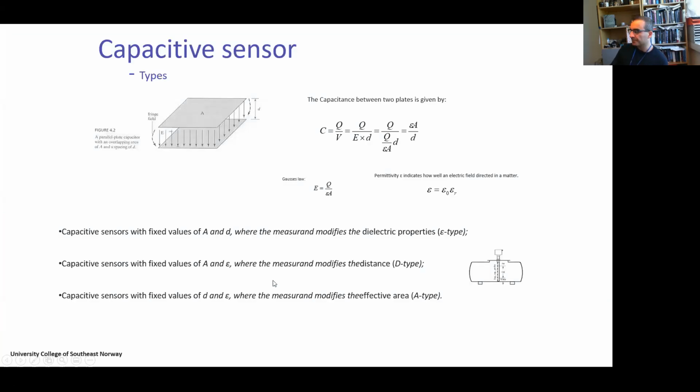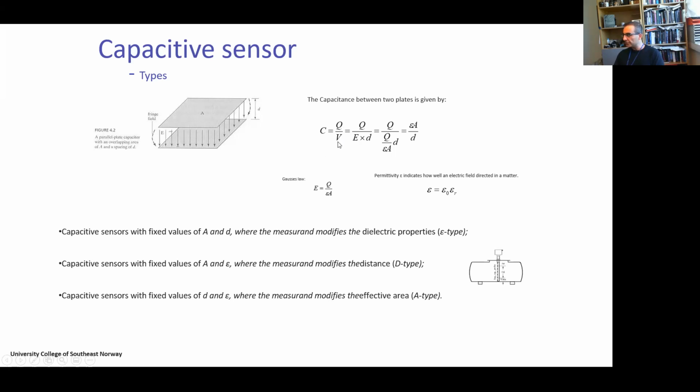So if we start with the basics, just look at two parallel plates which are placed approximately parallel to each other with a given distance d, and they have an area A. Then the capacitance C of these two can be given by this well-known equation, which we start with: C is equal to Q over V, charge over the voltage.